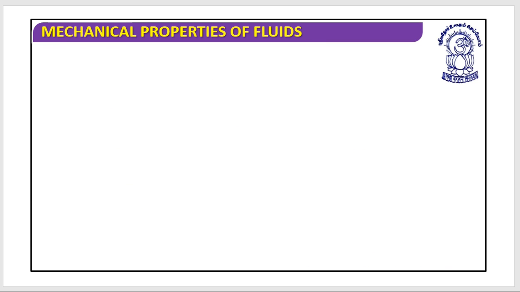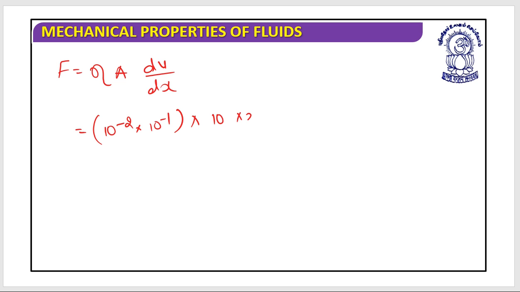So F is equal to eta into A into dV by dx. This eta would be equal to 10 to the power minus 2 into 10 to the power minus 1, multiplied by dV by dx. So this is equal to 10 into 2.